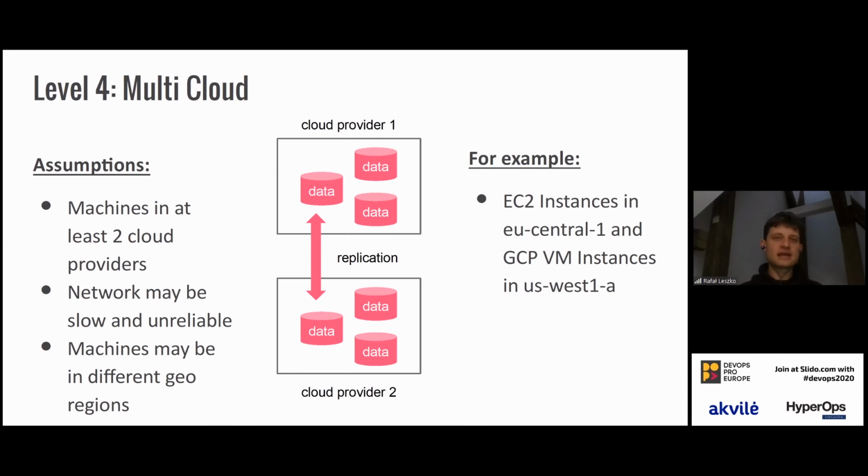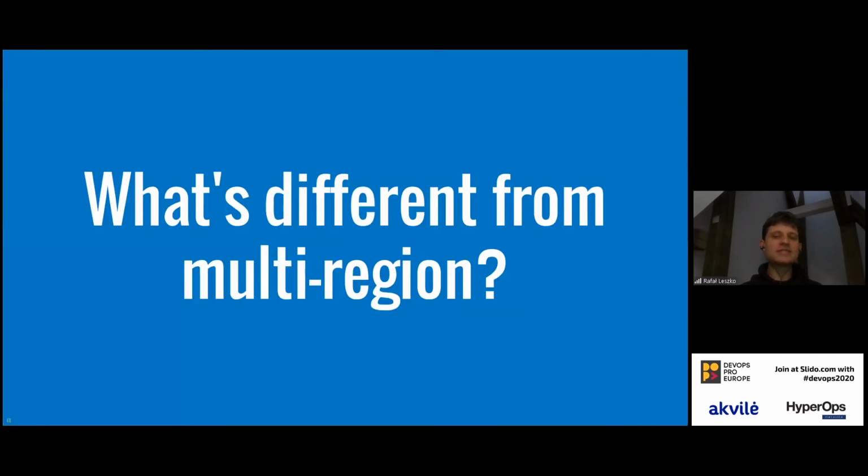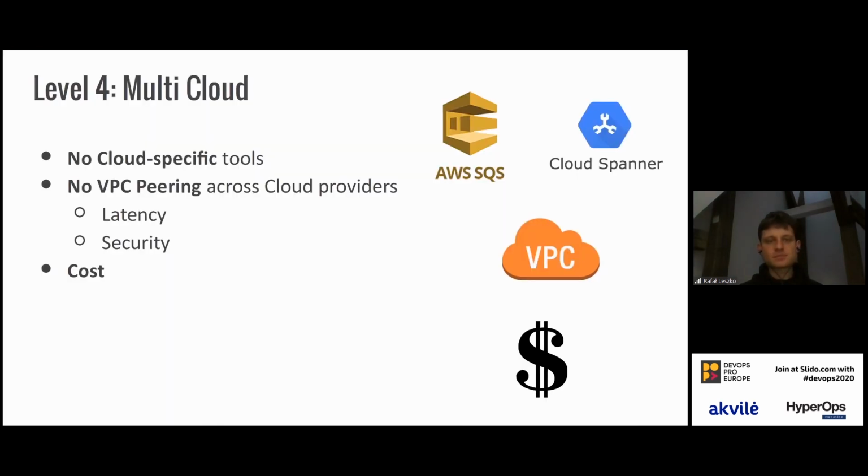So you may think, how is it different from multi-region? Does it change anything? Because actually it's pretty similar. The replication needs to be asynchronous. They can be in different geo regions. What's different? So there are some differences. First, you cannot use cloud-specific tools.